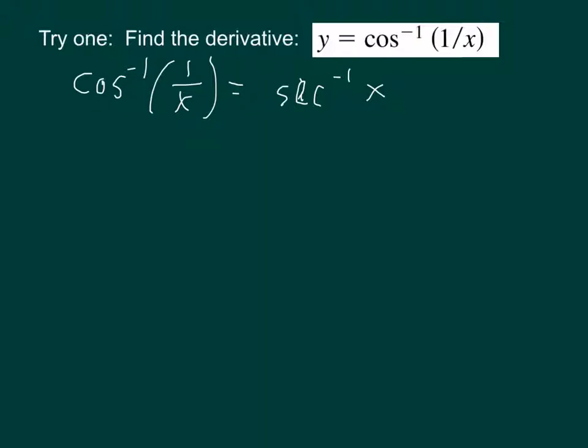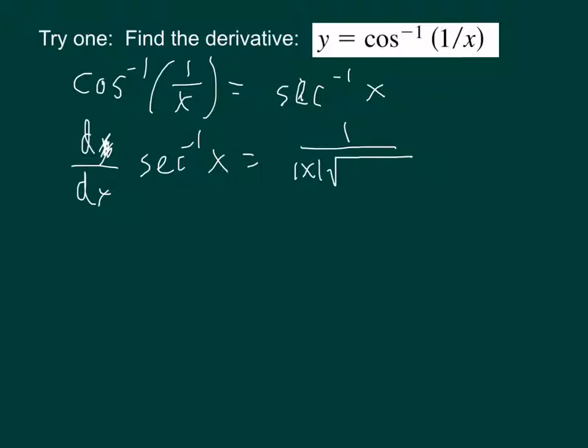And then I know that the derivative with respect to x of the inverse secant of x is equal to 1 over the absolute value of x times the square root of x squared minus 1.